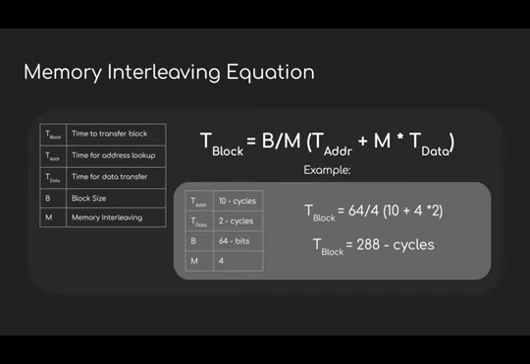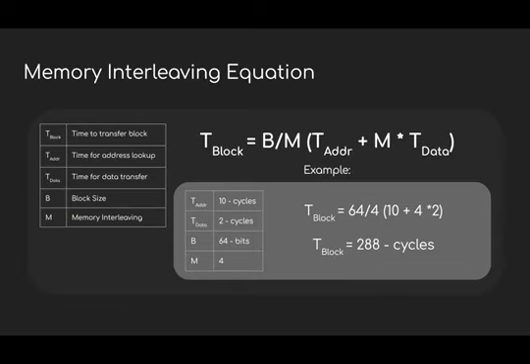And if we use the same values as we did in the bandwidth optimization, you can see that if you use a 64-bit block size with a four memory interleaving optimization, a 10 cycle address lookup and a 2-cycle data transfer, after your equation, you get it to equal 288 cycles.